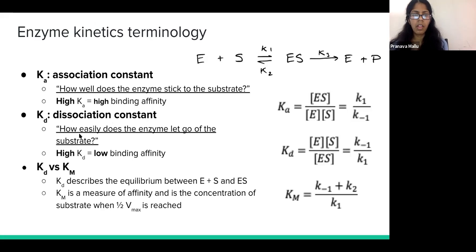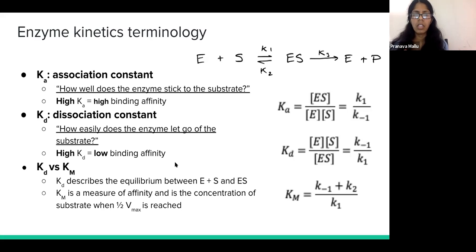The last thing I threw out there is the difference between Kd and Km. We often describe Km as one measure of affinity that the enzyme has for the substrate. But to break this down a little bit more, Km is actually the substrate concentration at which 1/2 Vmax is reached.